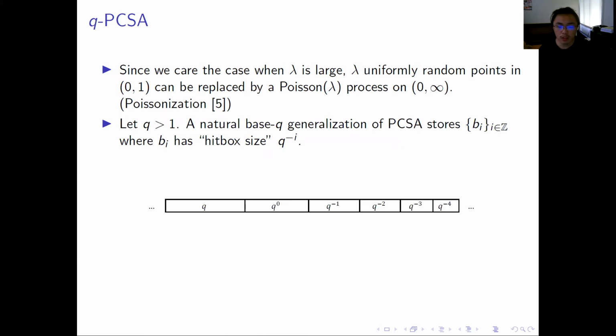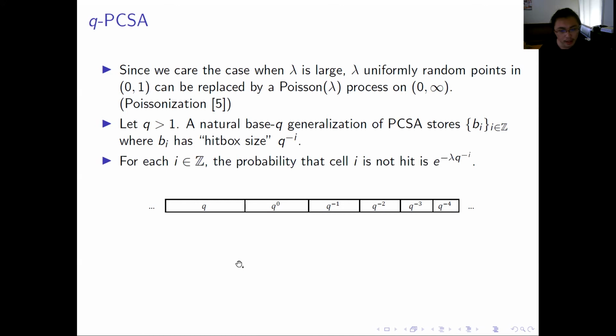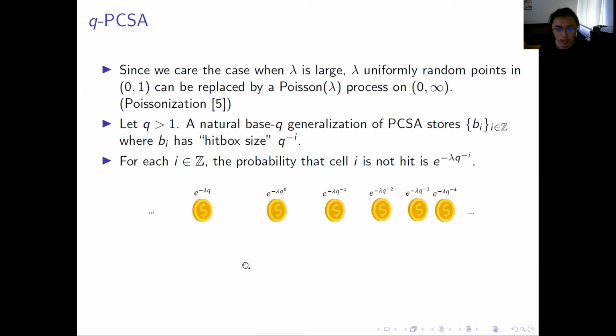In general, for a general natural base Q generalization, PCSA basically stores some bits, and each bit corresponds to one cell of size Q to the minus I. And the underlying process is a Poisson lambda process.